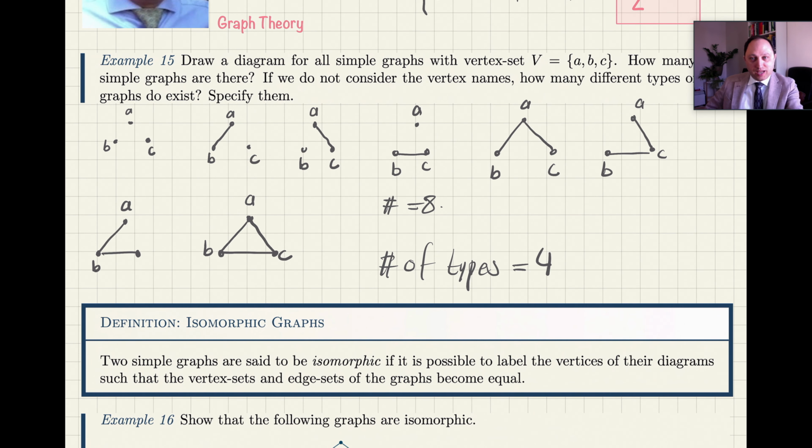This is intuitively speaking, but strictly speaking, you need to do what the definition asks you to do: start labeling one of them. So I would label the left one with any arbitrary letters, for example A, B, C, D, and E. So I just randomly label the vertices of one of them.